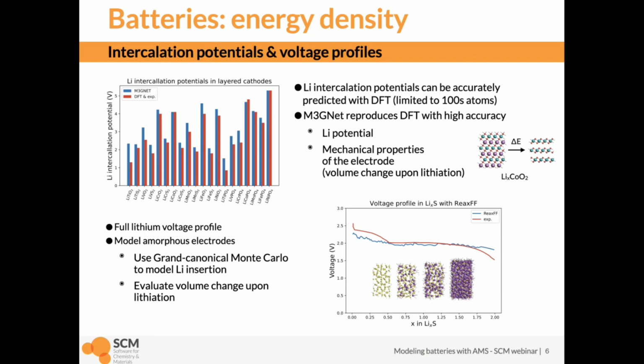This is shown in the bottom right with a reactive potential. Again, you find the free energy that corresponds to loading the material, but at the same time you also find the volume expansion upon loading. This is related to the energy density of the battery material.